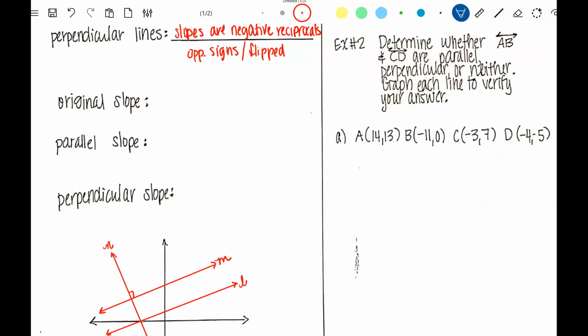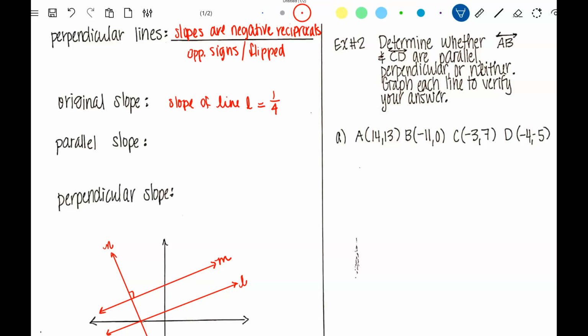So if we're talking about the slope of line L, let's say the slope of line L is 1/4.